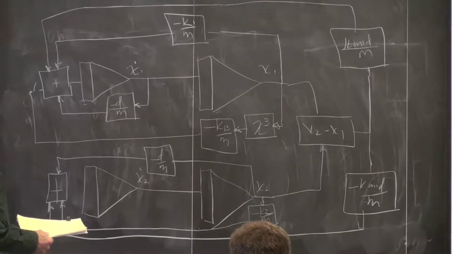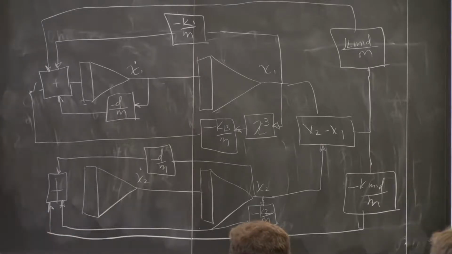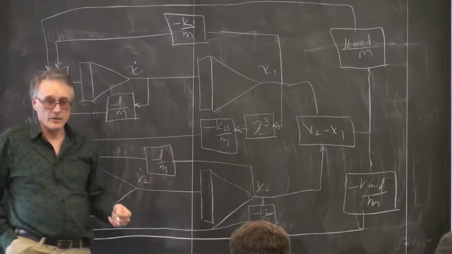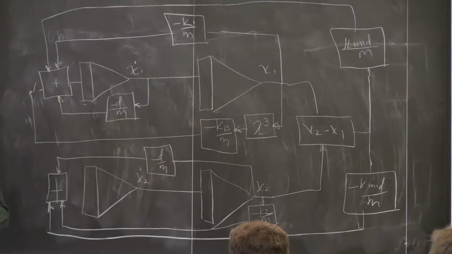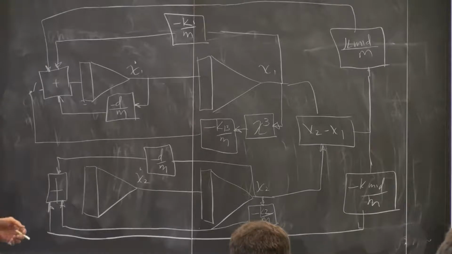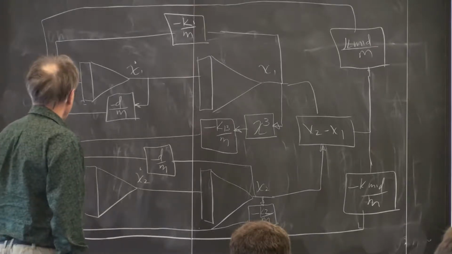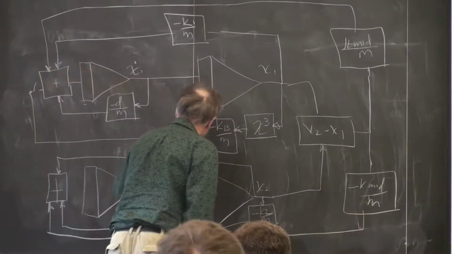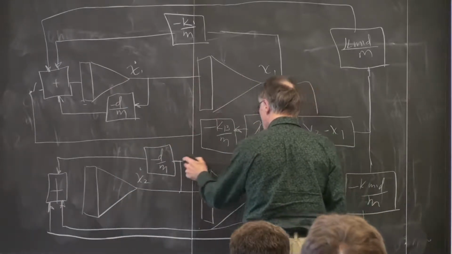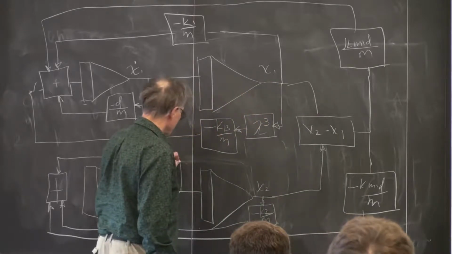I think that's everything. So each one of these is going to convert into an instantiated module. Yes? Is the minus d over m for x supposed to be x2 or x2? Thank you. You're quite right.